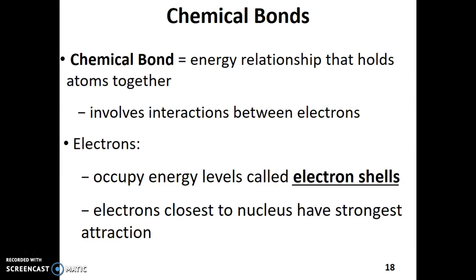Electrons like to stay as close as they can to the nucleus, but we have multiple orbitals in an atom. So the first orbital can only contain 2 electrons. If you have 2 electrons in that orbital, they're going to stay right there. Then we have another orbital that contains up to 8 electrons, and a third orbital that contains up to 8 electrons.